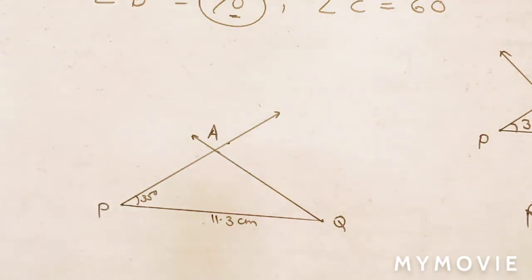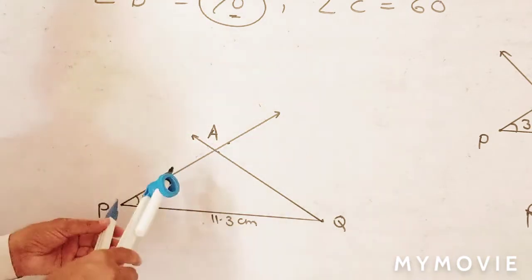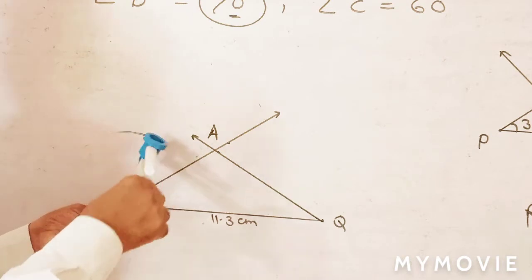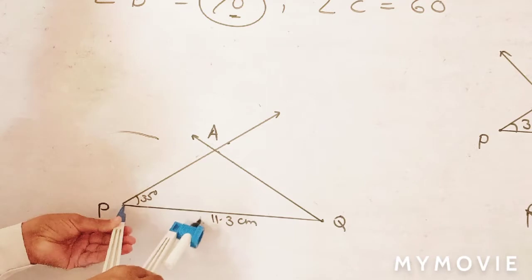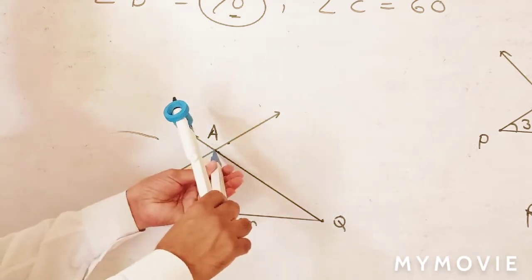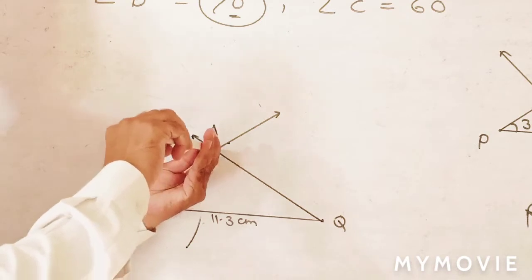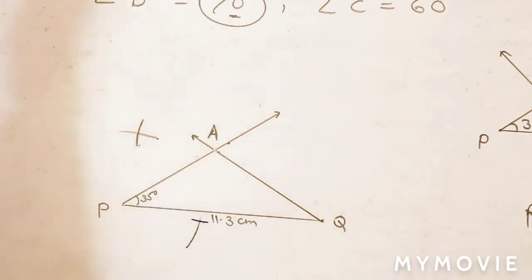Now we have to bisect PA, draw the perpendicular bisector of PA. Taking a compass radius more than half the distance, draw one arc on this side and one arc on that side, bisecting PA. Let them intersect.